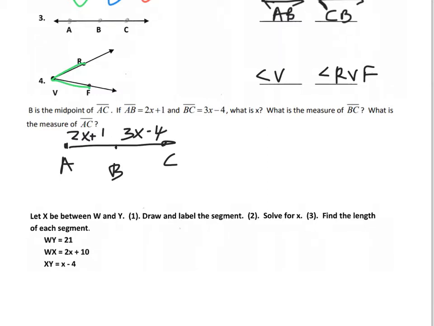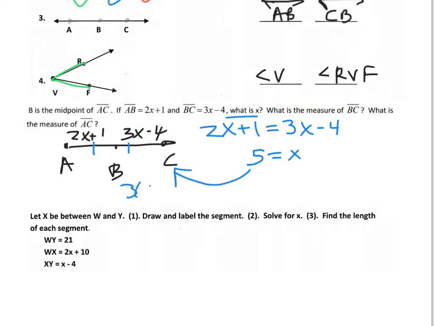What is x? Well, since it was the midpoint, I know that these 2 segments are congruent, so I can set those 2 expressions equal to each other. And when I solve, I get that x equals 5, which answers the first question. And this says, what's the measure of BC? So I'm going to plug in that 5 over here. So 3 times 5 minus 4 would give me 11.